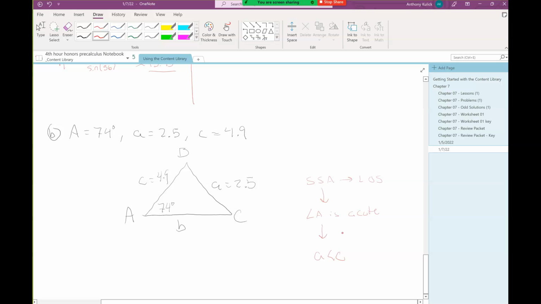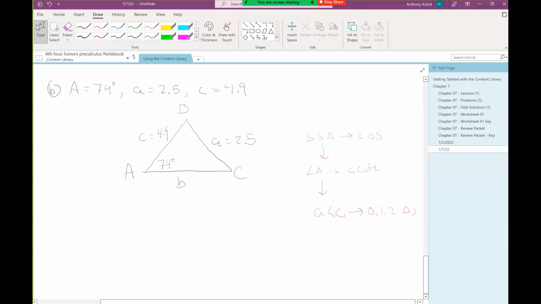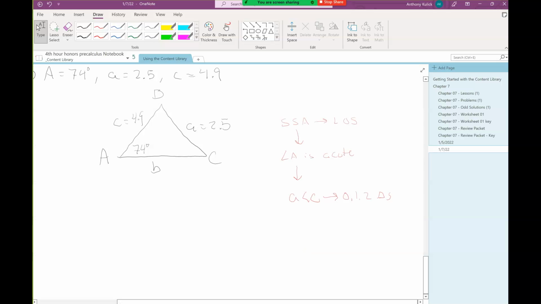So here, side A is smaller than side C. That was the 0, 1, or 2 triangle situation. Okay, I see where you're going with this, Mr. Kulik. So we're going to do the longer side times sine of our given angle divided by the shorter side.